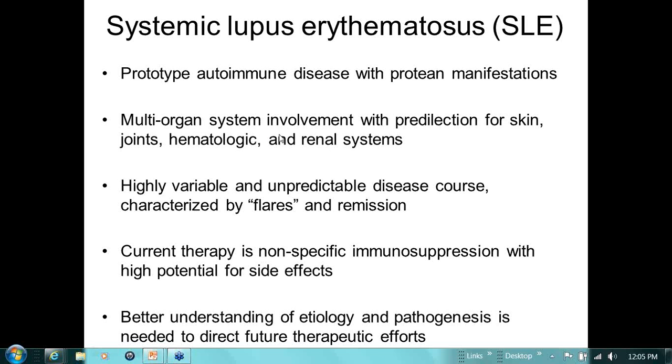The last bullet on the slide brings me to the idea behind many people's research into lupus: if we can understand better the causes of lupus, then that might help us direct our therapeutic efforts, and maybe that's where we can make a dent and understand better what we need to treat.